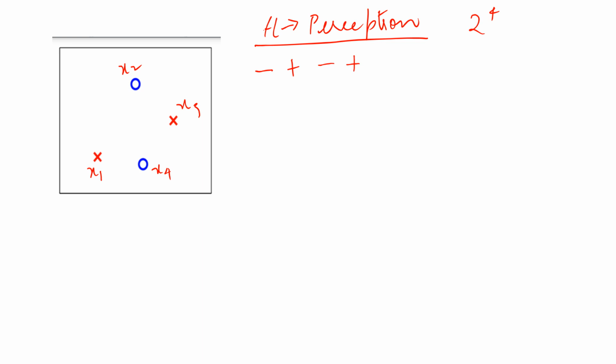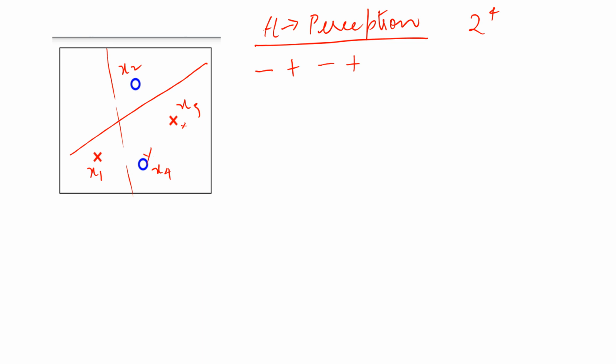Can we implement a perceptron that correctly classifies this? Can we think of a line somewhere here? If I draw a line here, this one will not be classified correctly. If I draw this, then this one is not correctly classified.